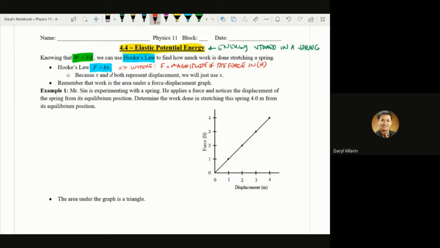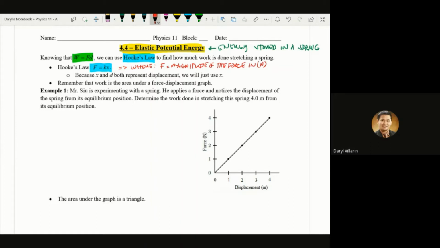But if you compress a spring, you can feel that the spring will try to push your hands outward. So the displacement is inward, and the direction of the force is outward. Again, that is how we define the direction of the spring force: it is always opposite to the displacement.